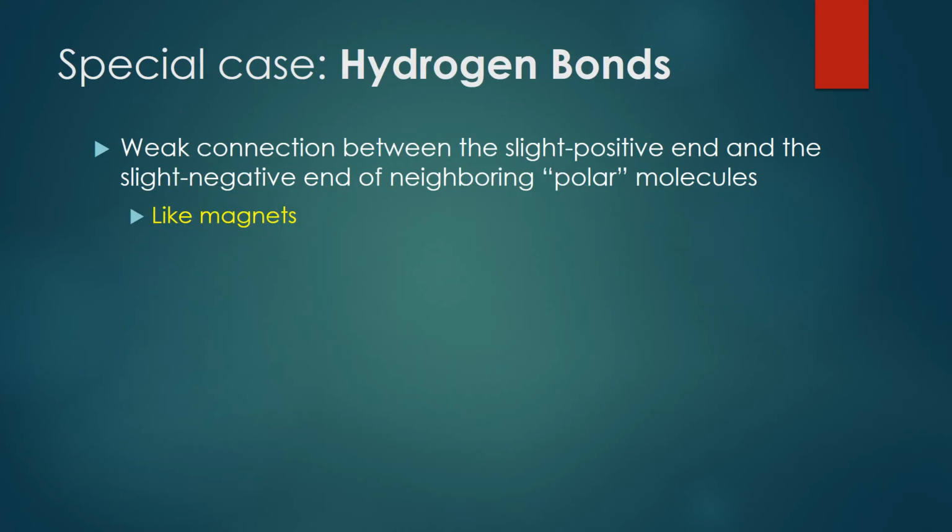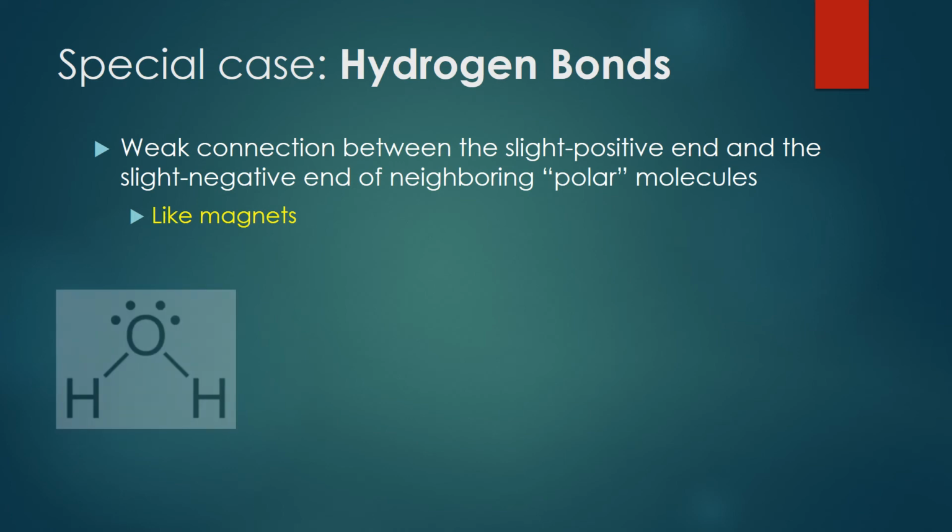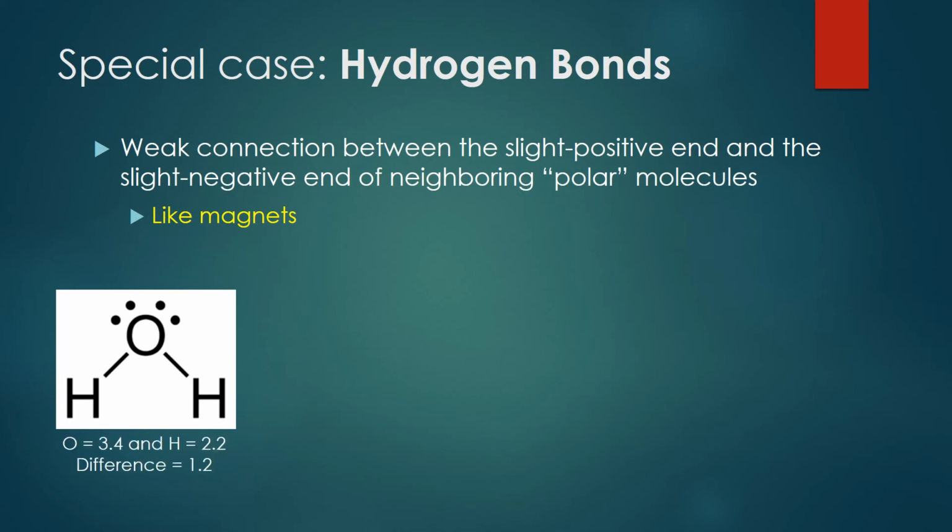The fourth type of bond that we're going to talk about in our biology class is called a hydrogen bond. Hydrogen bonds are formed between two neighboring polar molecules. They're a weak connection between a slight positive end and the slight negative end of a neighbor, similar to two magnets lining up. So here we have a water molecule again.